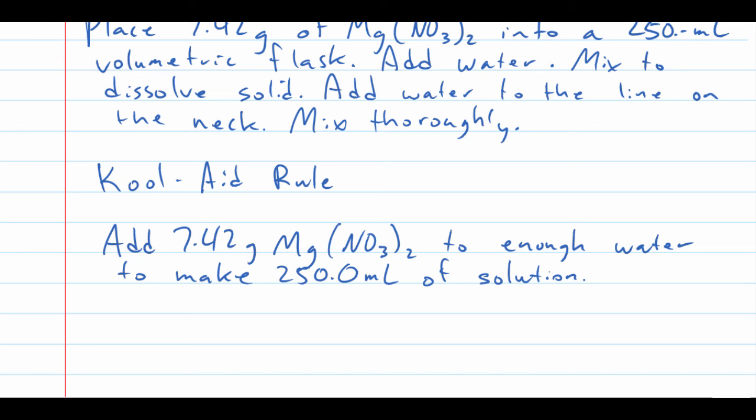So that would be an abbreviated way of saying it without being specific as to which piece of glassware you use. But what would be wrong to say is to add 250 milliliters of water to 7.42 grams of magnesium nitrate, because again you wind up with more than 250 milliliters of solution. Okay, any questions on these?